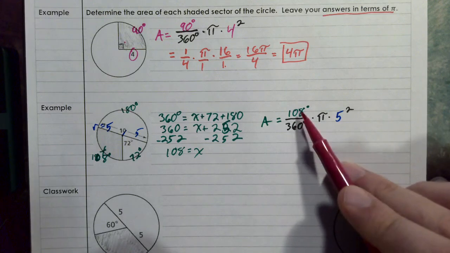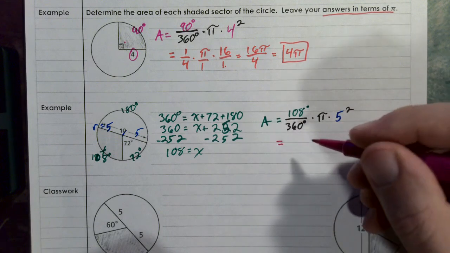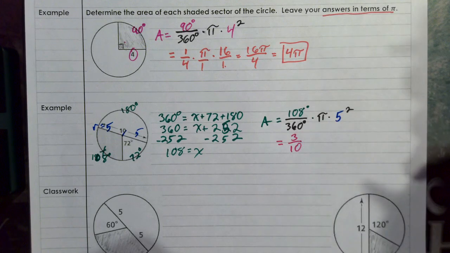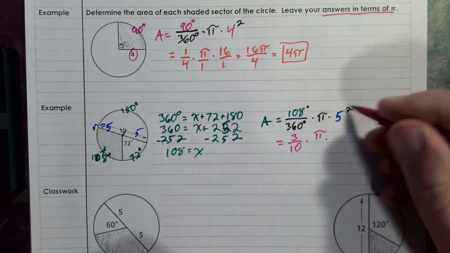So we've got 108 divided by 360. Checking that in my calculator, I get 3/10, and I'm going to turn it into a fraction. So 3 over 10 times pi times 5 squared.